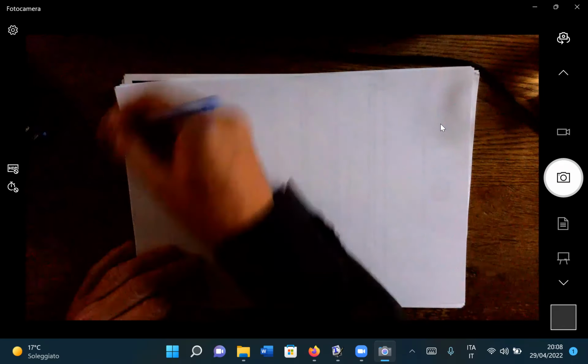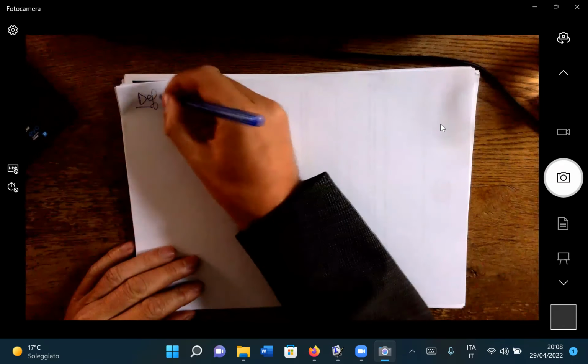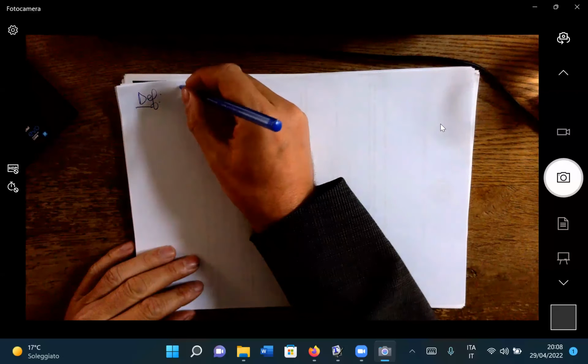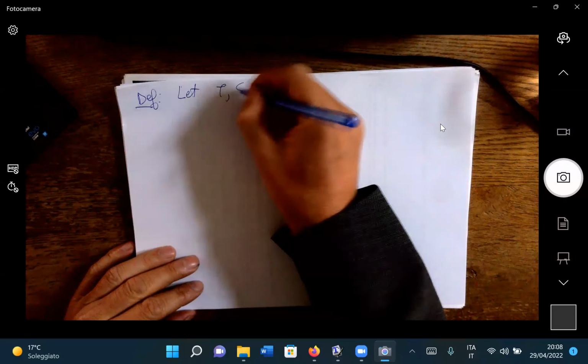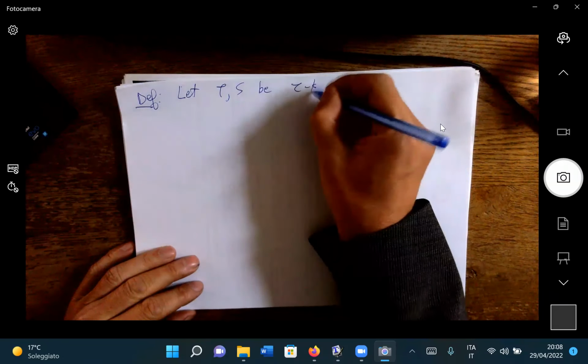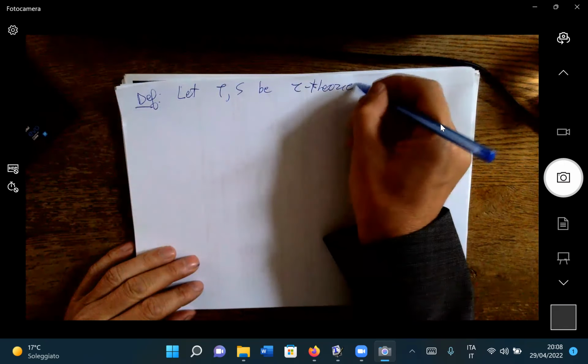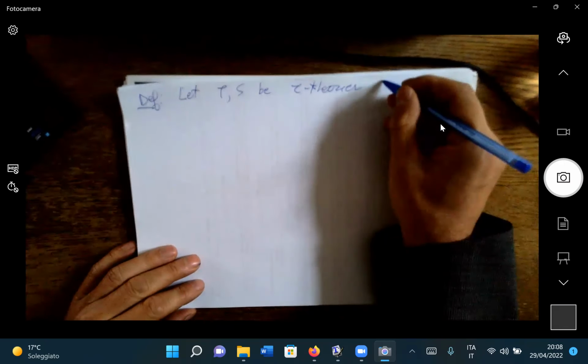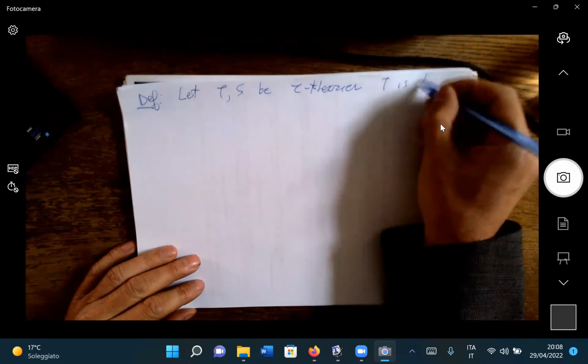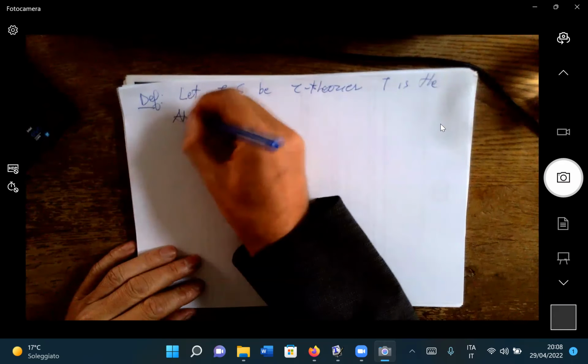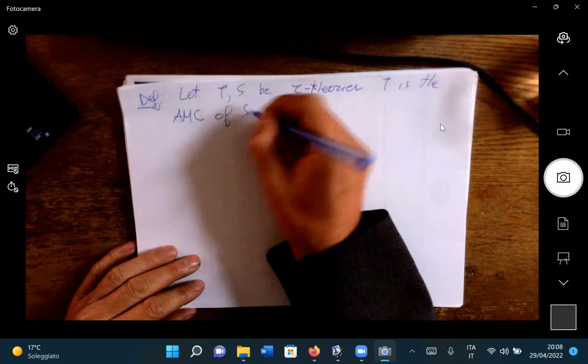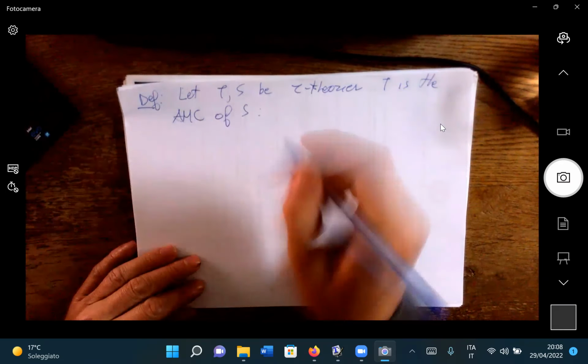And I get the definition of absolute model companion. Let T, S be tau theories. T is the AMC of S. Let me use this abbreviation, which means absolute model companion.